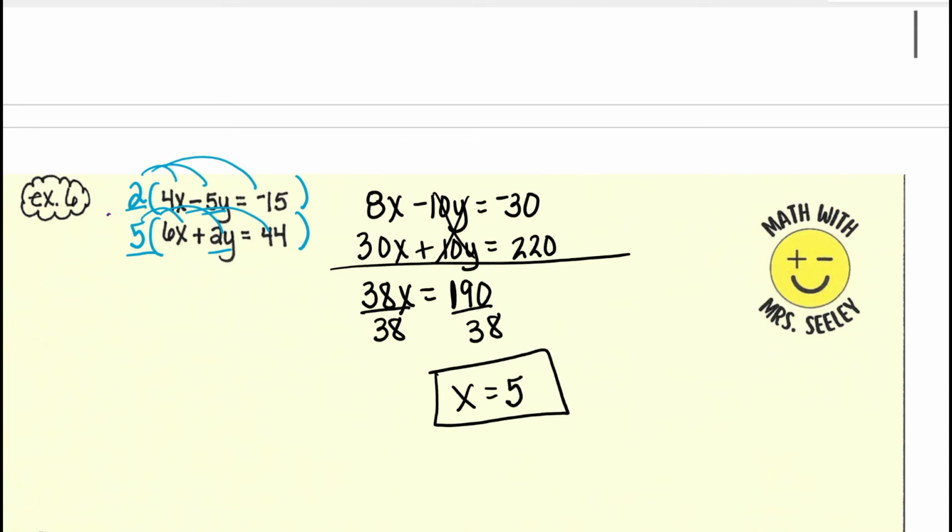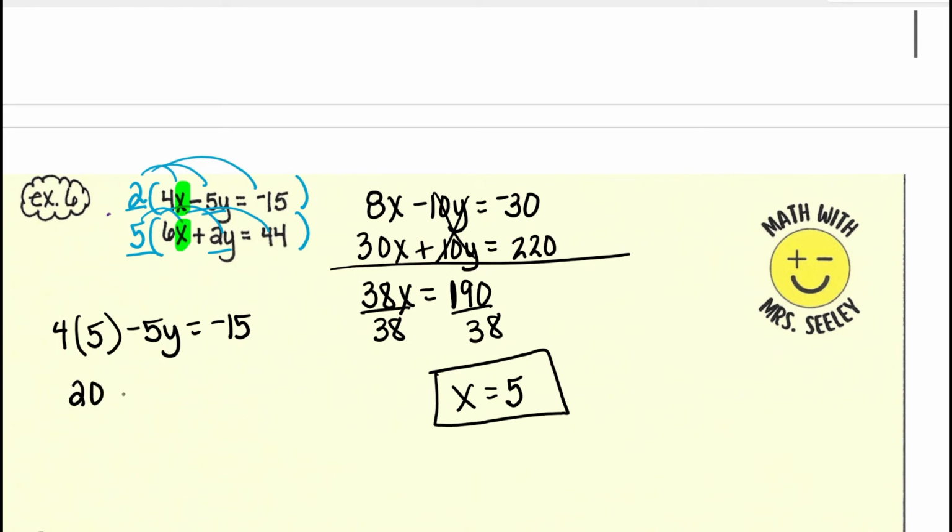All right, let him go back up there into one of those houses. And so you can choose the one you want. I think I will go to the top to substitute back in. And so when I substitute that 5 back up in there for x, that'll be 4 times 5 minus 5y equals negative 15.